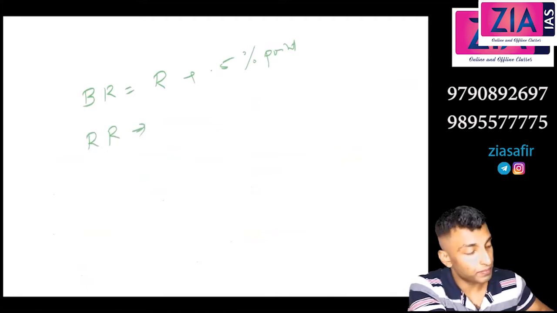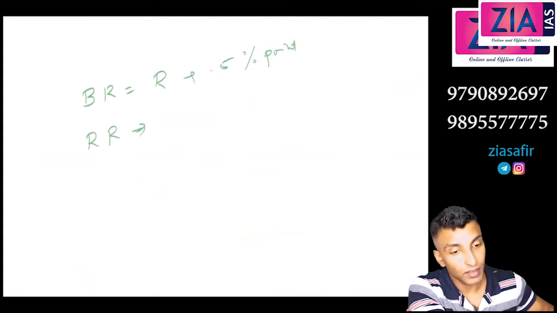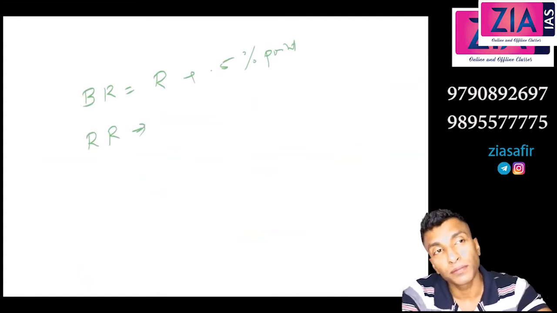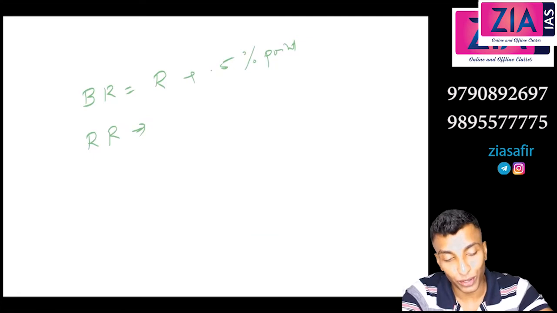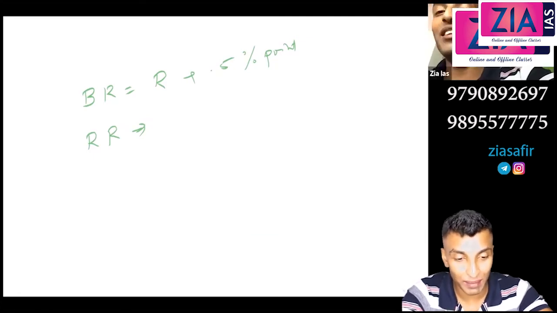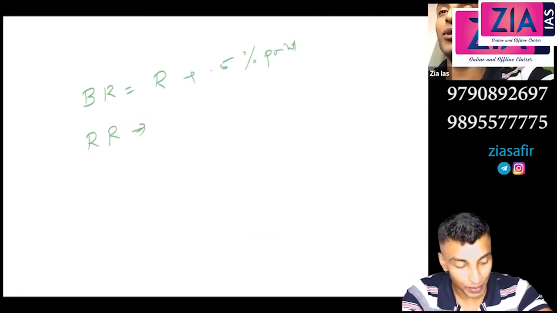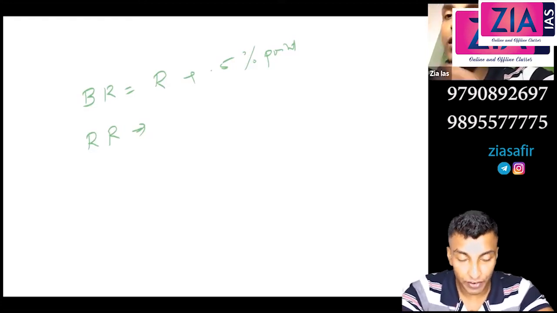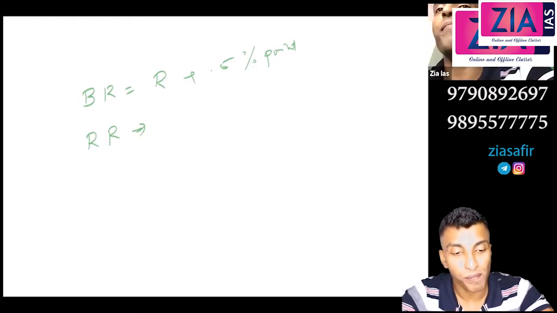Why is it less? Or else banks will always park their fund with RBI for higher interest rate. I guess. No, not that. If reverse repo is more, what will happen?